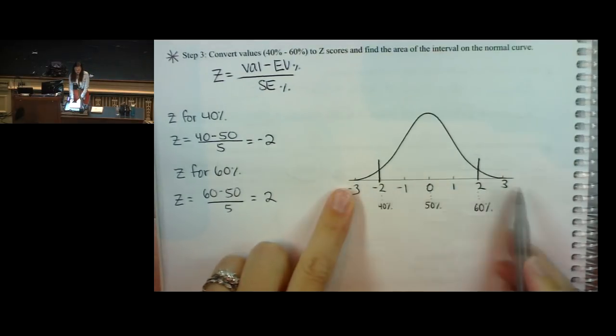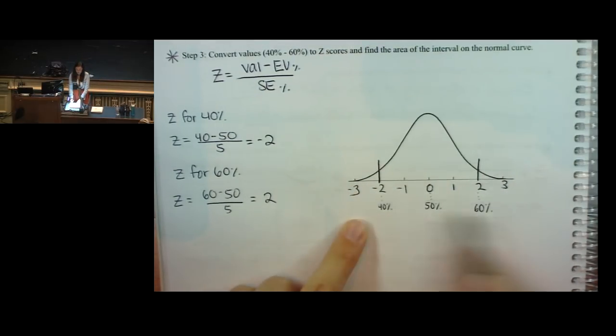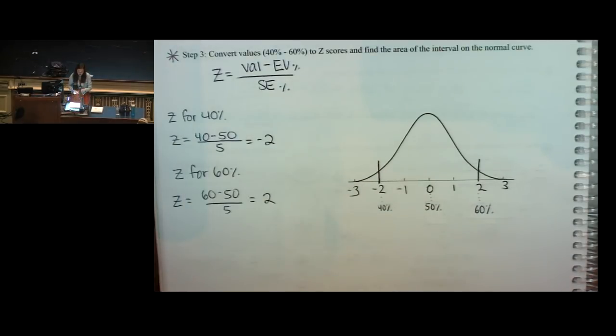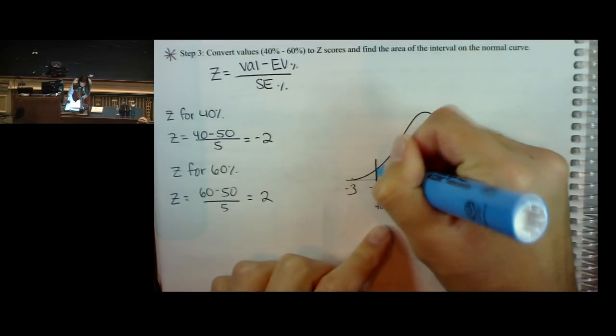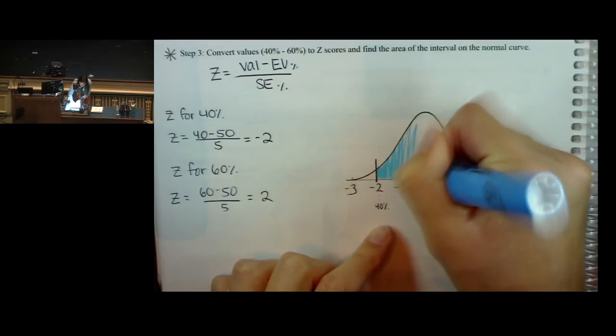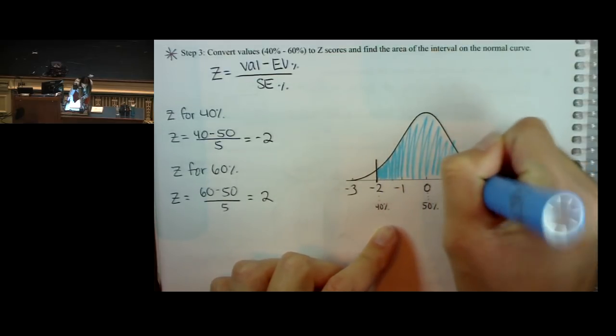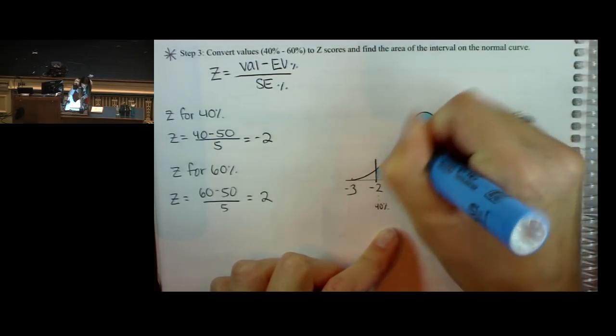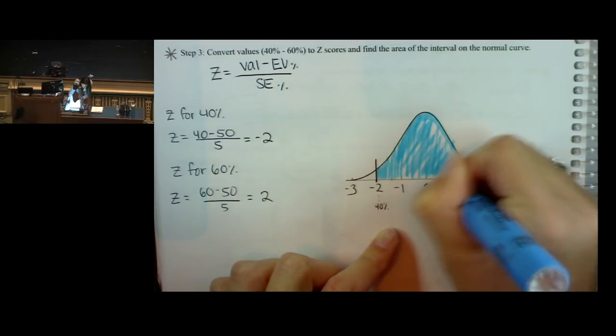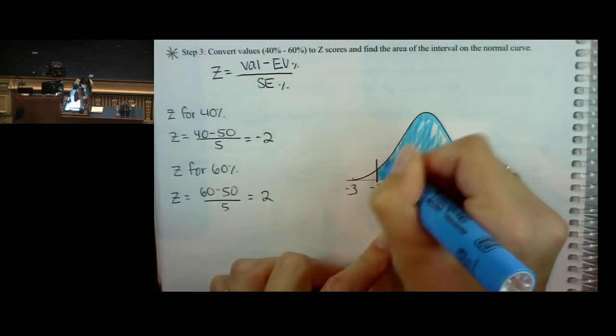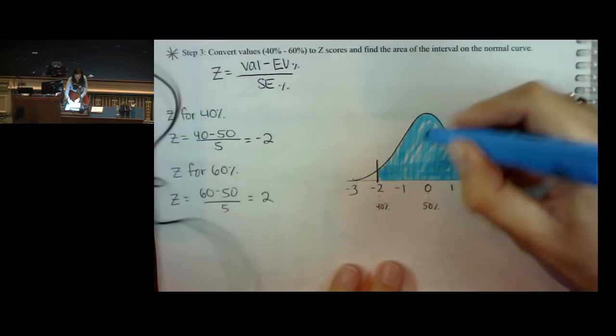All right, so standard units or z-scores, these are the percent heads. And then I want to shade everything in between. I want to know what's the chance of getting between 40 and 60% heads. All right, that looks good.